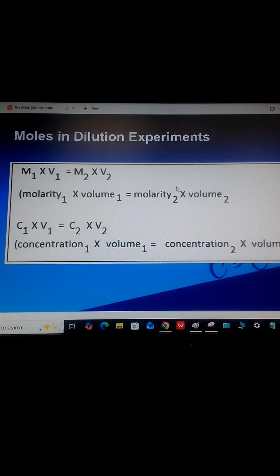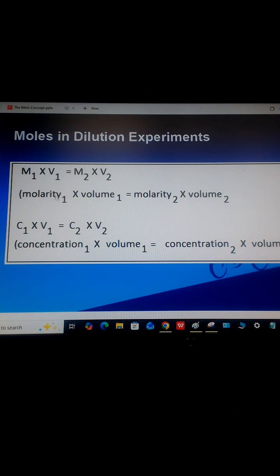In this video, I want to explain how to find the number of moles in a given solution in dilution experiments. We have the following formula. The first molarity of a given solution times the first volume, before dilution, is equal to the second molarity times the second volume.